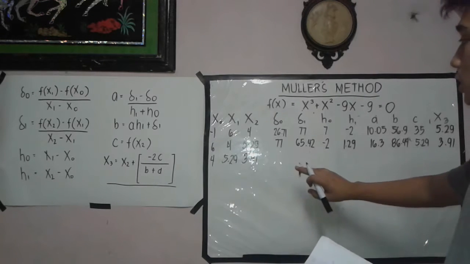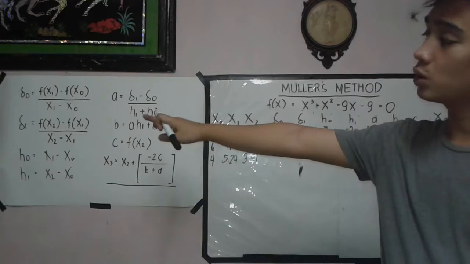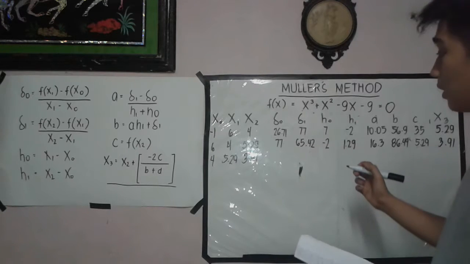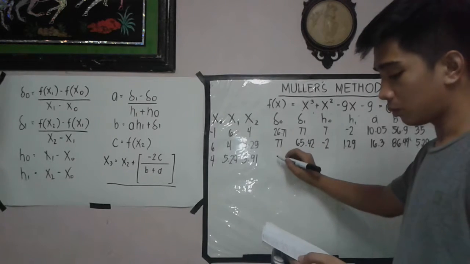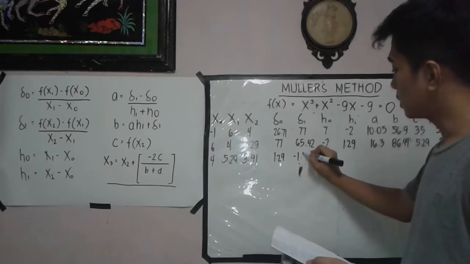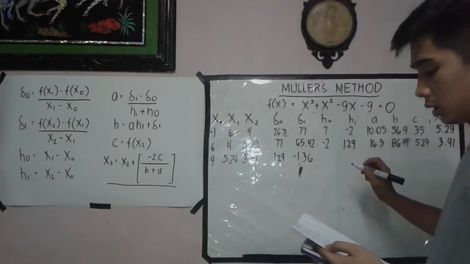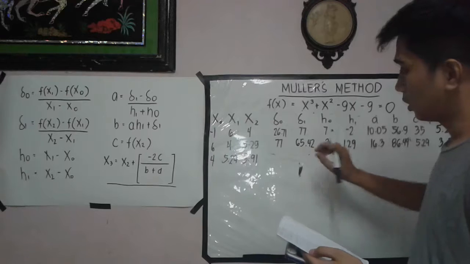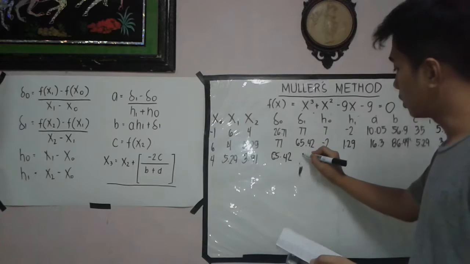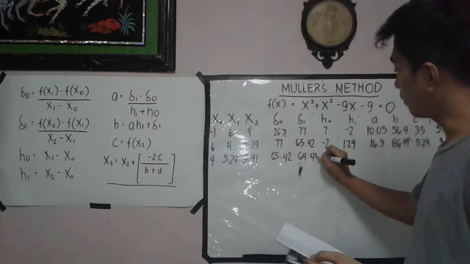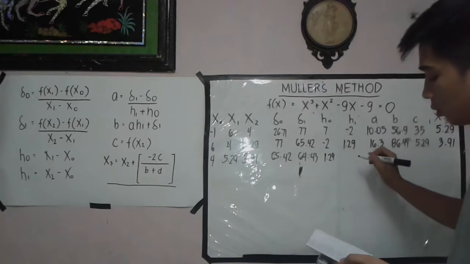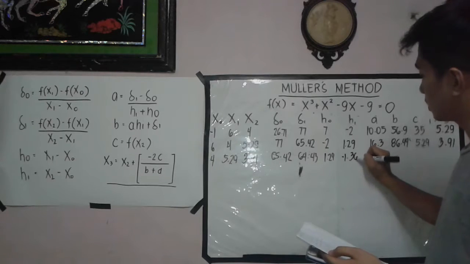So again, substituting the values we have to the equations of delta 0, delta 1, and h0 and h1, we have the value of delta 0 of 1.29, negative 1.36, for delta 0, 65.42, delta 1, 64.43, h0 is 1.29, and h1 is equal to negative 1.36.